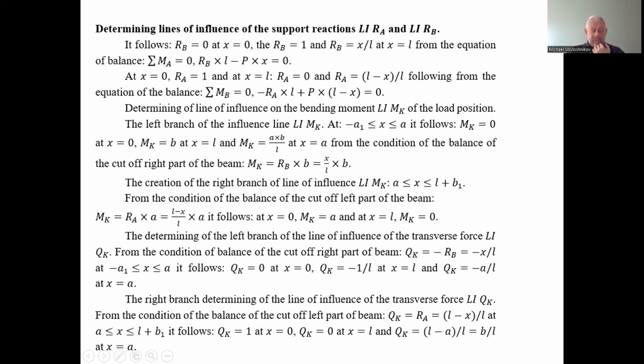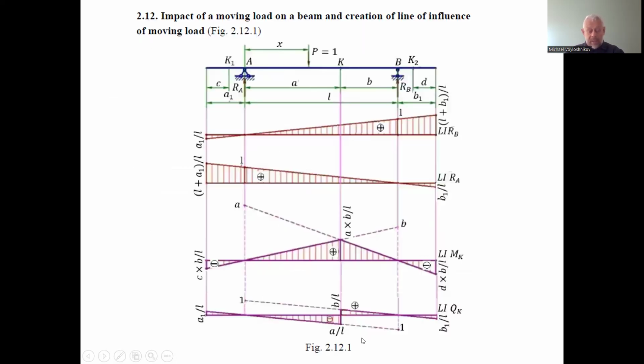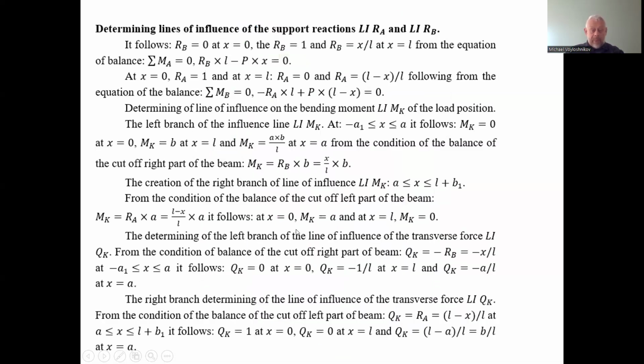This is very understandable, because if we consider the draft of the assigned beam, and the unit force is applied at the point X equal to L, then the bending moment has to equal A. We can put here that the bending moment is P product A, but P is equal to 1, a unit force.